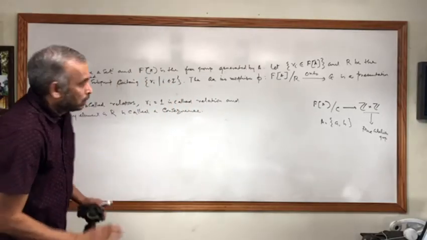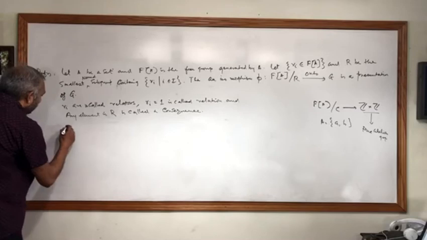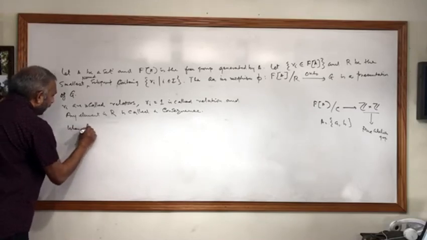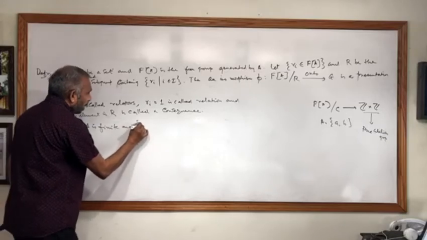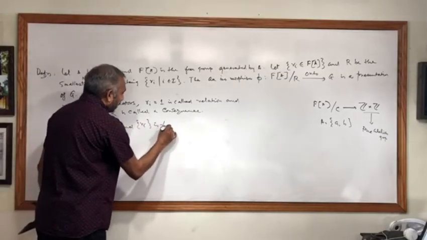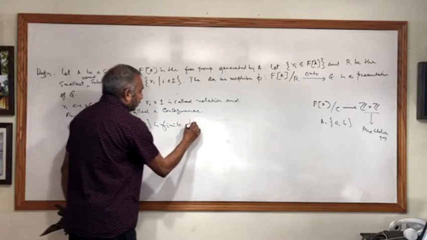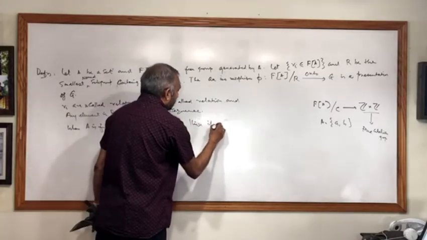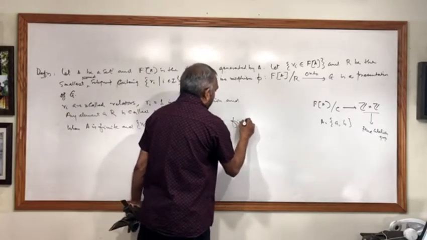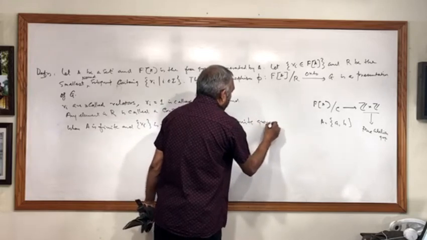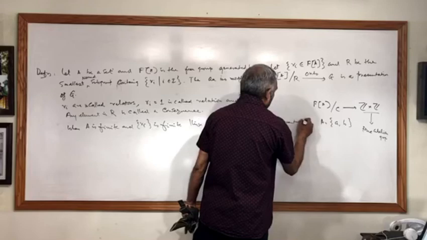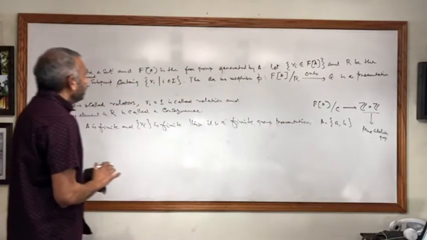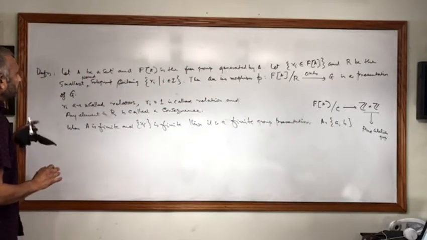And then if A is finite and Ri is finite, then it is a finite group presentation. And that is a formal definition of group presentation. We'll do some examples and problems.